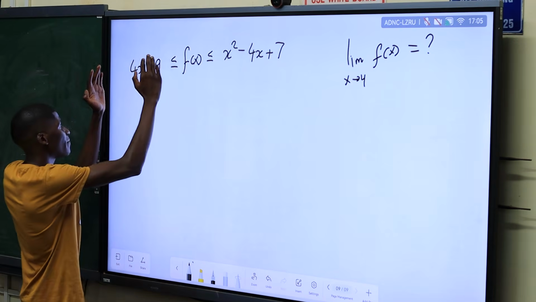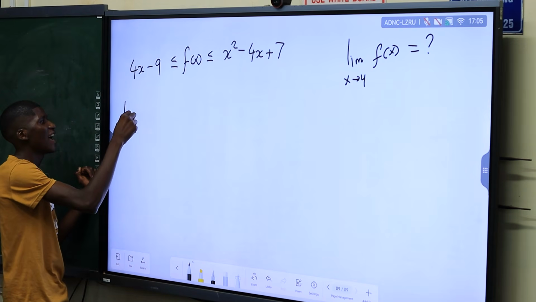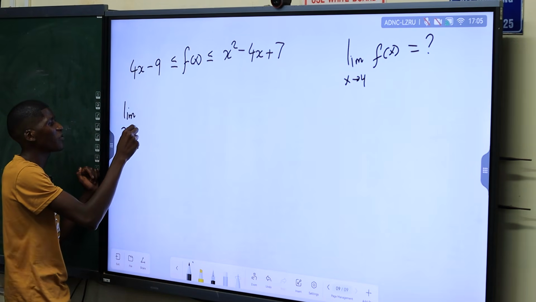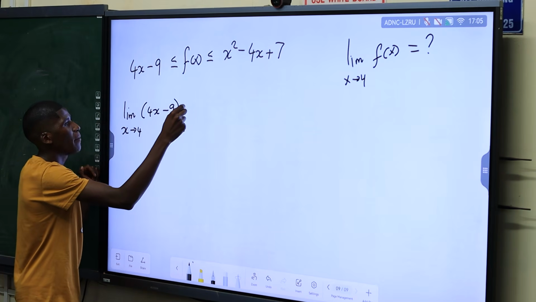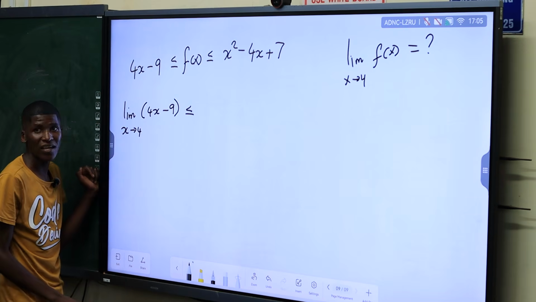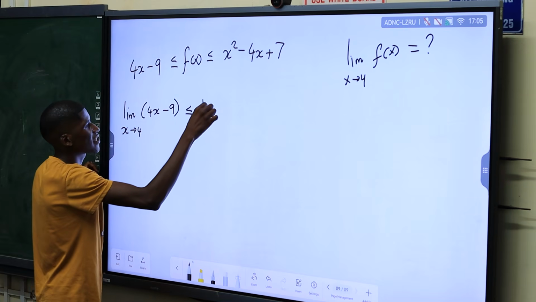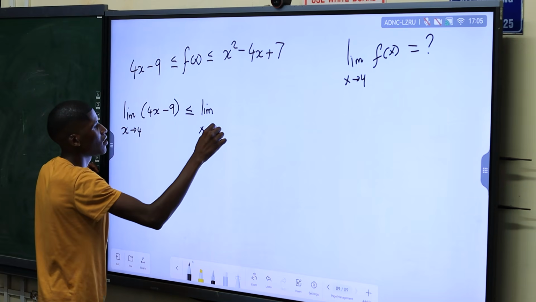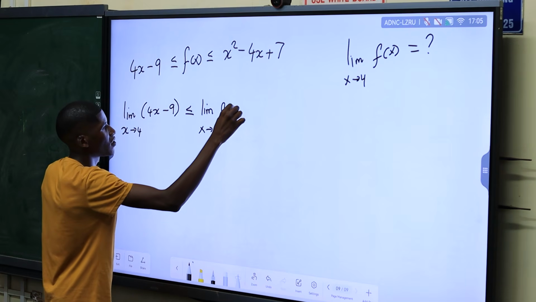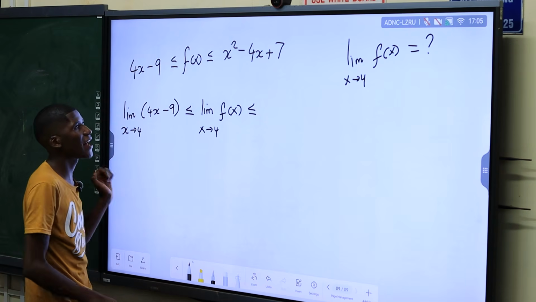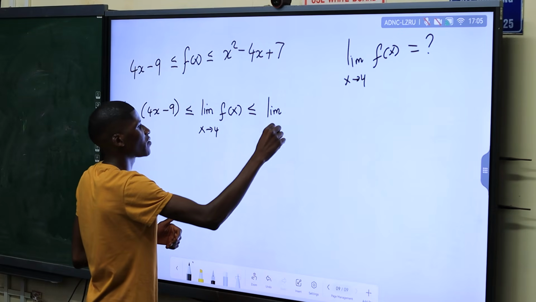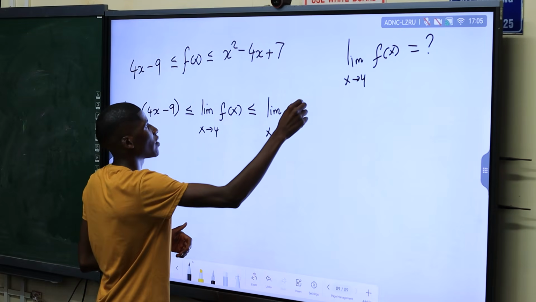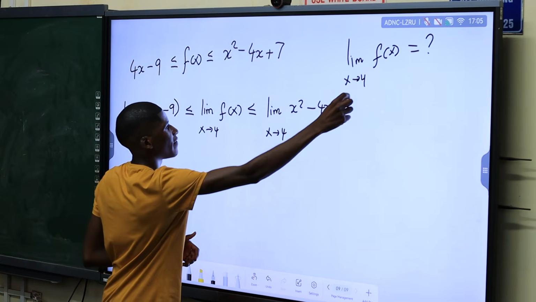Starting from the first term, 4x minus 9, I can say the limit as x approaches 4 of 4x minus 9 must be less than or equal to the limit as x approaches 4 of f of x, which must be less than or equal to the limit as x approaches 4 of x squared minus 4x plus 7.